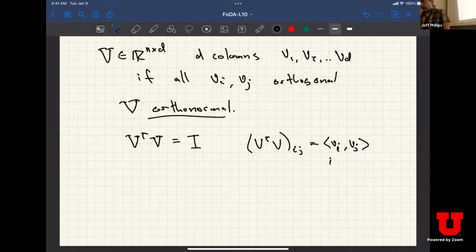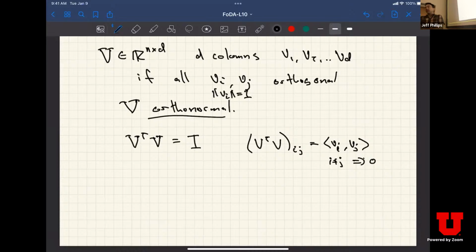If i is not equal to j, then this is going to be 0. And what if they are equal to each other? Yeah, I forgot this property. If they're orthonormal, I also need the property that each Vi has a norm equal to 1. If it's orthonormal, all the columns are orthogonal to each other and the norms of the columns are equal to 1.